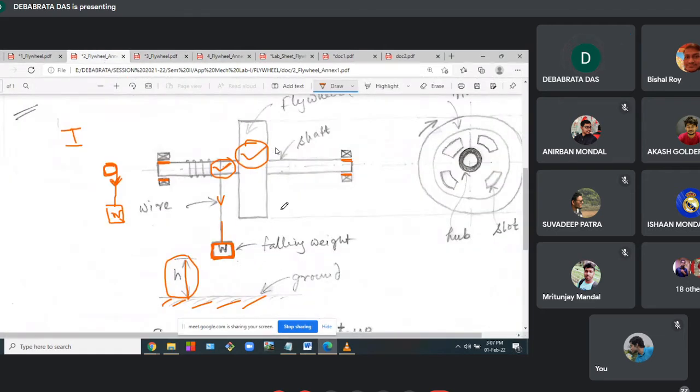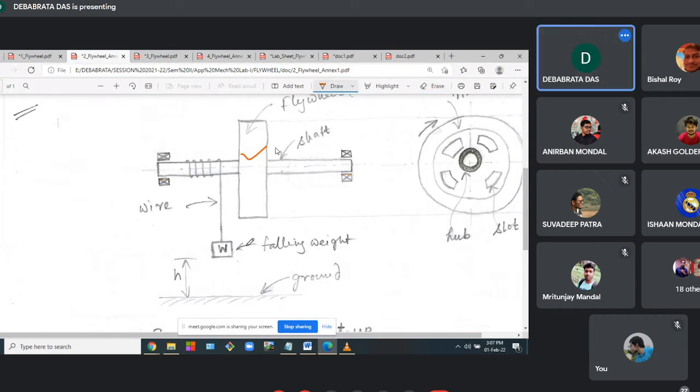Now, we have assumed constant acceleration. So that means this W, it is starting from rest, right?